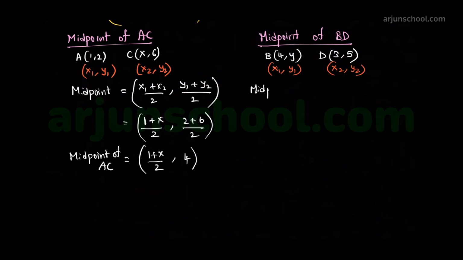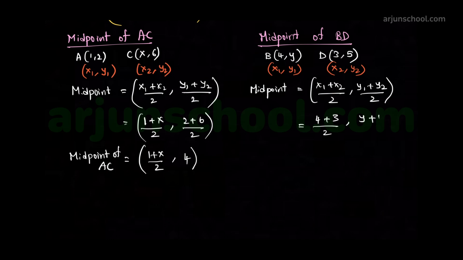Midpoint of BD is equal to ((x1 + x2)/2, (y1 + y2)/2), that is ((4 + 3)/2, (y + 5)/2). 4 plus 3 is 7. Therefore, the midpoint of BD is (7/2, (y + 5)/2).